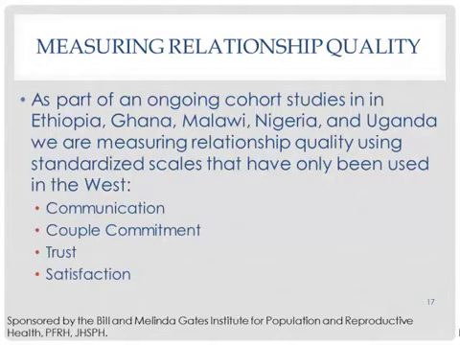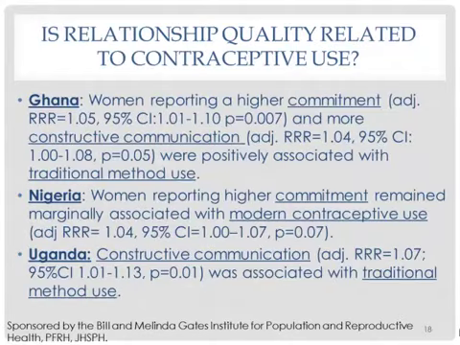Okay. We've done a lot of work looking at the reliability and the validity of the scales that we put in, which I'm not going to be showing you here, but I'd be happy to talk to you about it further. And we did some work looking at the relationship between these relationship quality measures and contraceptive use, because that was sort of the original thing we were interested in.